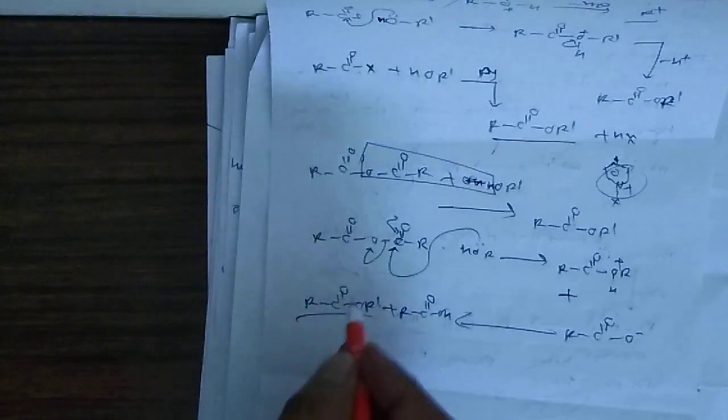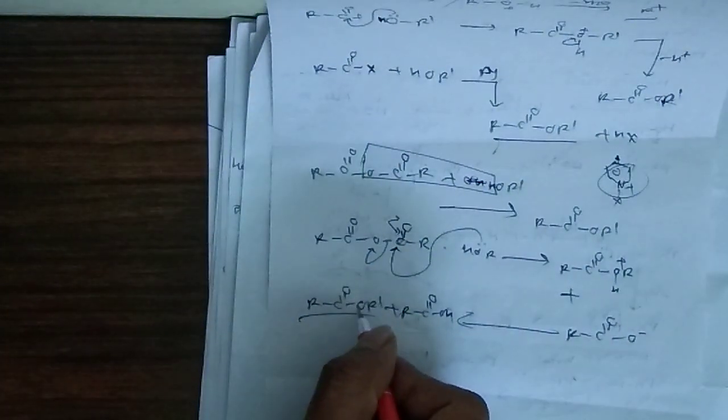Now let's come to one of the most important things in that reaction: our ester is the product. We got the product, but one question is whether this O comes from the alcohol or is as it is from the acid.